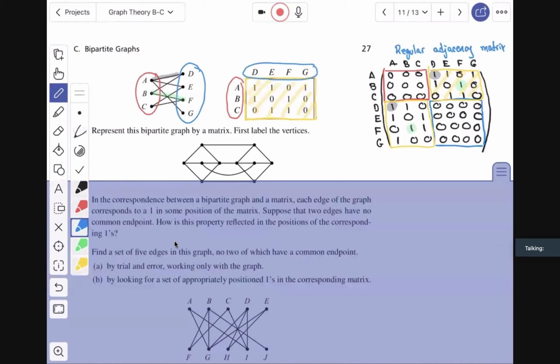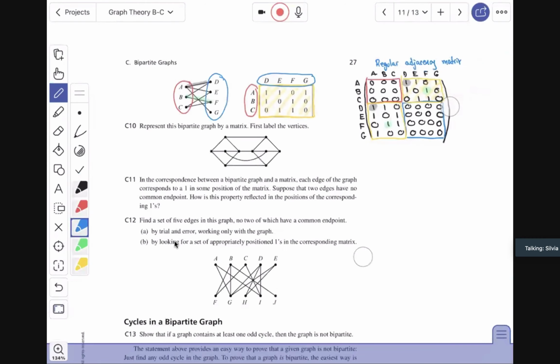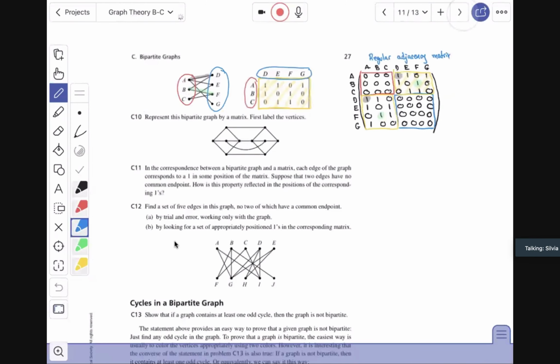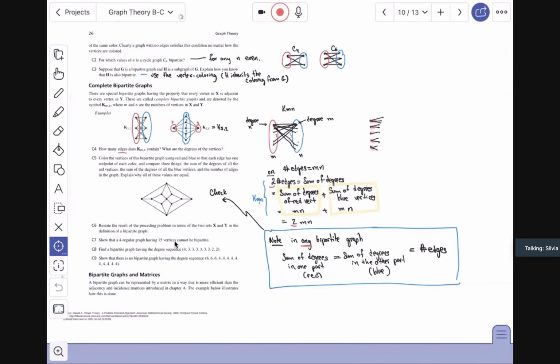Okay? So there are more problems. I'm going to ask you to take a look, but essentially we cover everything that we need to know at this point about bipartite graphs, everything that's covered in this section. So, summary, let's go backwards. We have new adjacency matrices, a simplification of the adjacency matrices, and a simplification of the degree theorem.